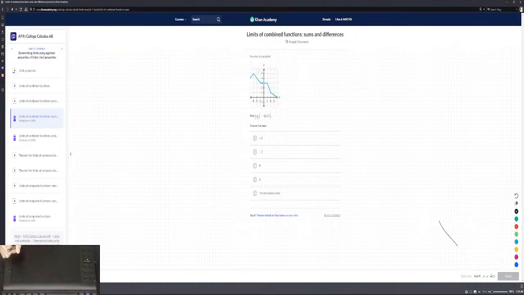Wait, I actually take back what I said. The limit just didn't exist because there's a jump discontinuity. Anyway, since there's no jump discontinuity, you just find what the limit is as x approaches 0, and that seems to be 3. Just do negative 2 times 3, and you get negative 6.